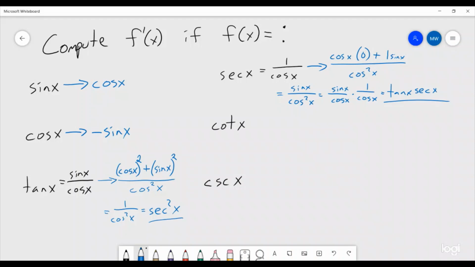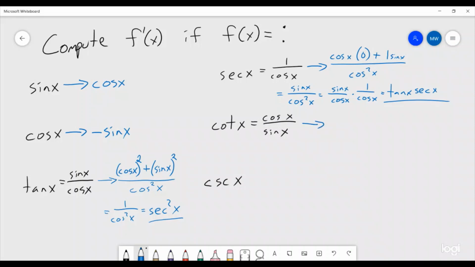Okay, so now let's do cotangent x. Start by writing cotangent in terms of sines and cosines. Cotangent is cosine of x divided by sine x. And then we're just going to chug through the quotient rule.